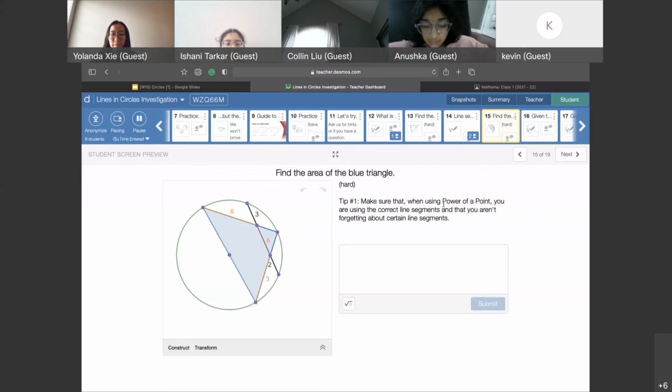Okay, so this problem is find the area of the blue triangle. Make sure you're using PowerPoint.